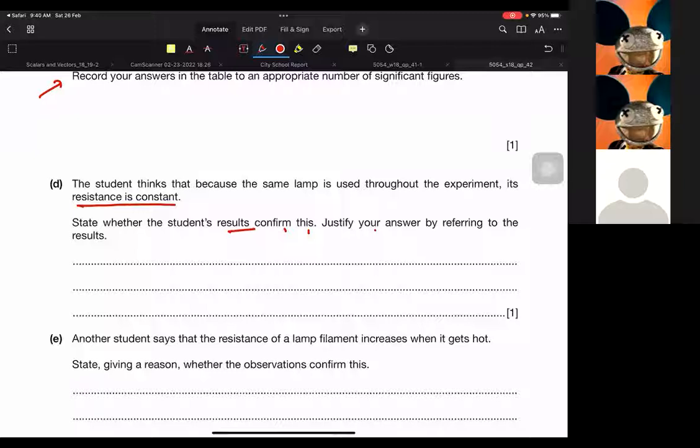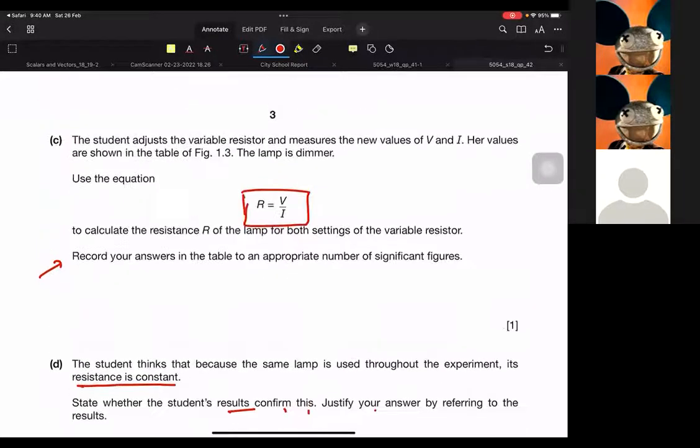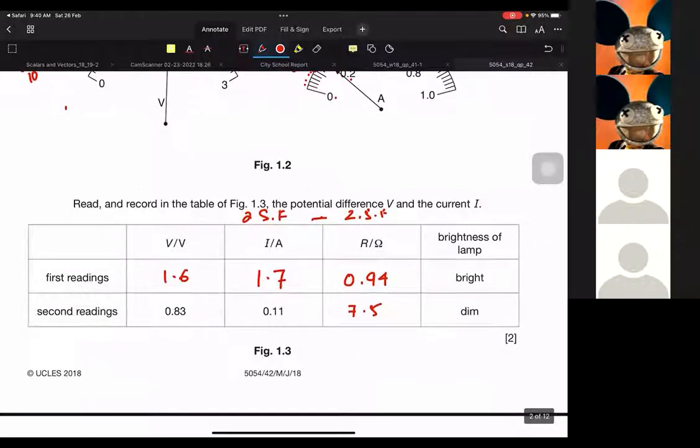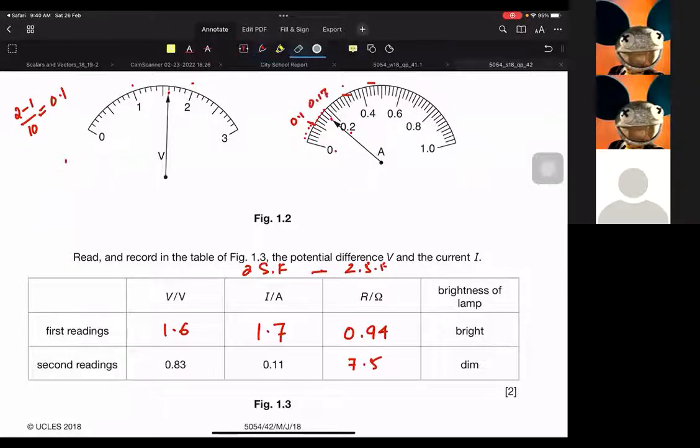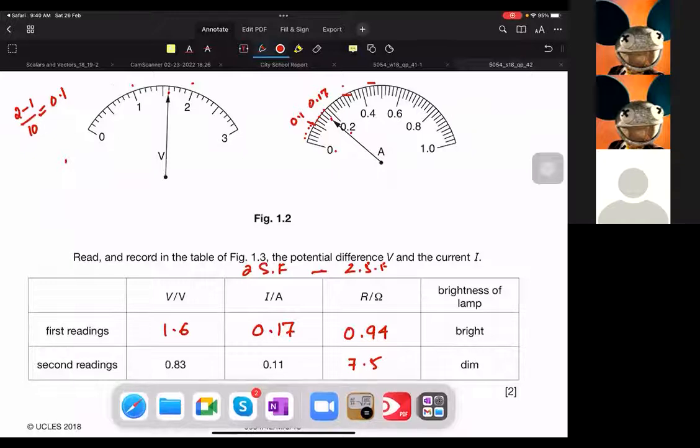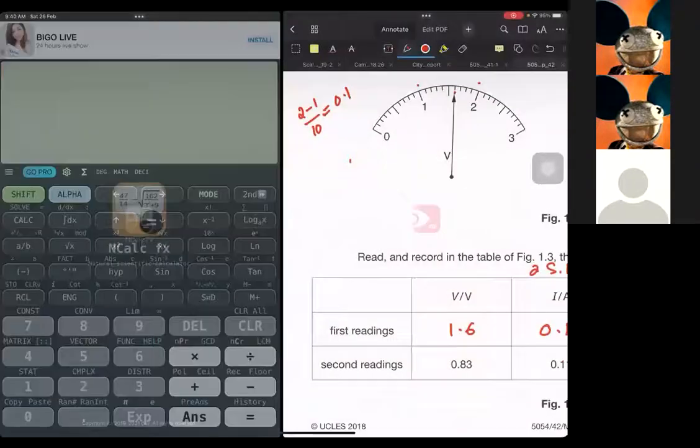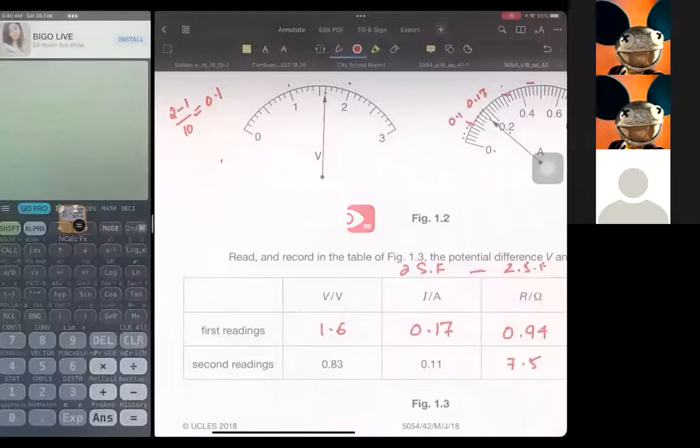Okay, so if we go back to our results, wait a second, what is this? This is not 1.7, this is 0.17. Wait, sorry. Let's do it again. I made a mistake in the calculation there. Okay.